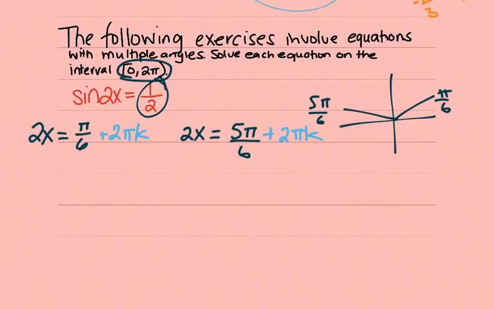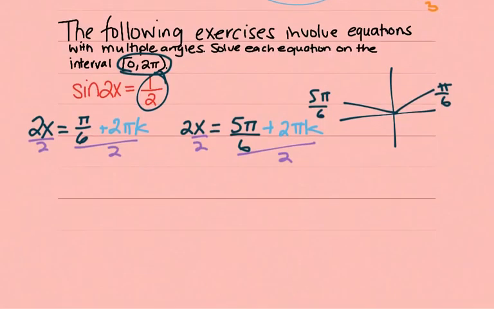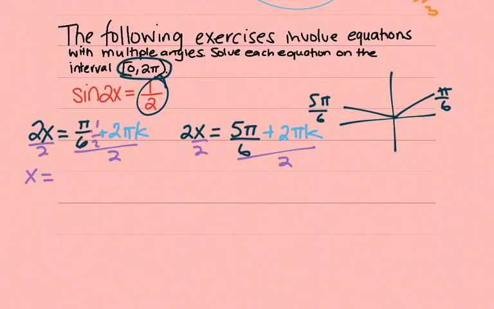So if I want to solve for x, I would divide both sides by 2. Which is going to give me, multiply by 1/2 here, pi over 12, which is one of my answers. But then the interval is every pi k after that. And again, I'll show you what that means.